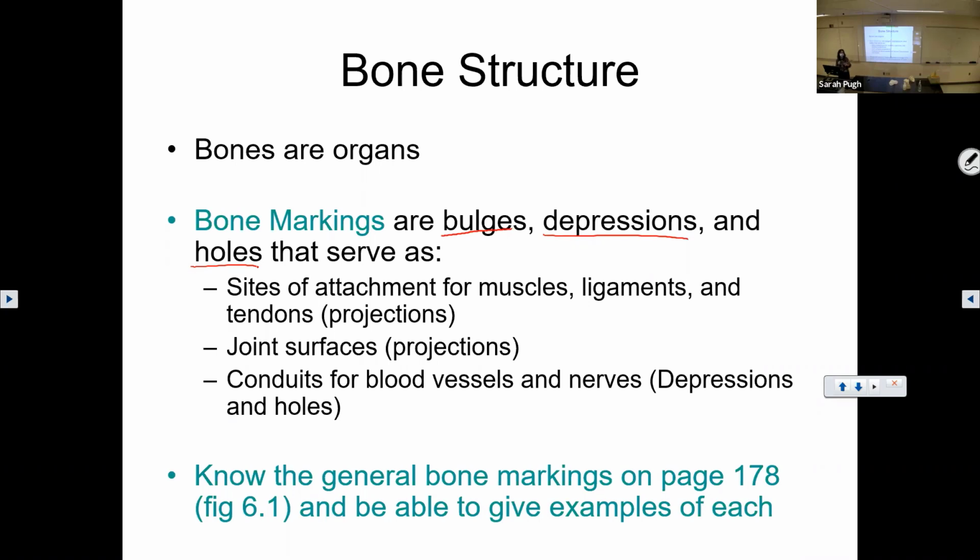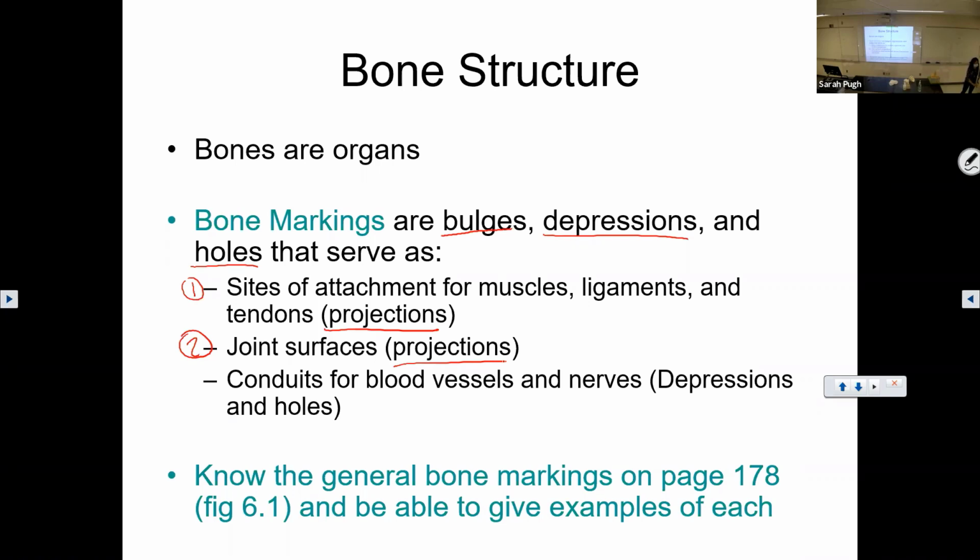So you might look at a bone marking and it might be a projection, something that's kind of sticking up on the bone. If it's a projection, it is there for one of 2 reasons. One reason is this is where big, heavy muscles are attaching to the bone. A good example is on the back of the femur, where there is this giant projection that sticks up.